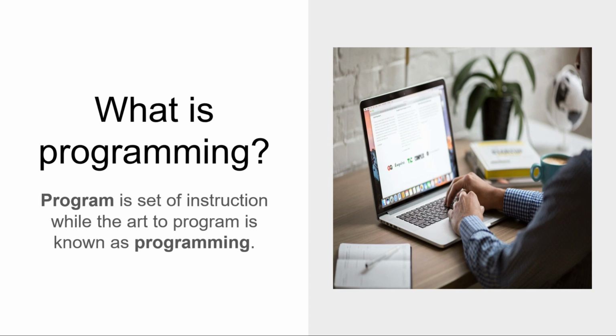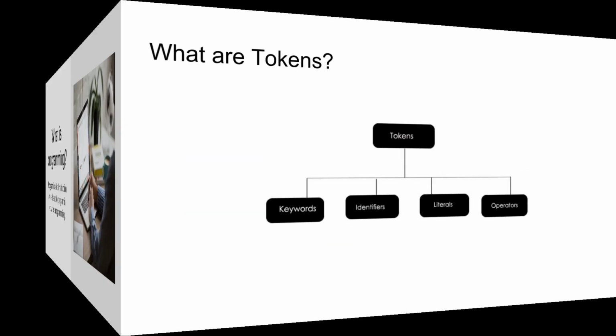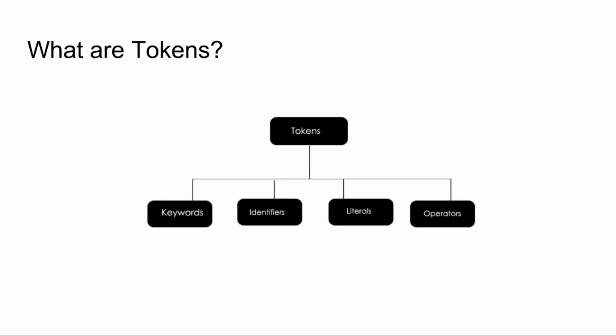So what is programming? Program is a set of instructions, while the art with which we program is known as programming. What you do with the help of a programming language is feed instructions to your machine, and the machine responds to your fed instructions. So in Python, as in any programming language, there are tokens.